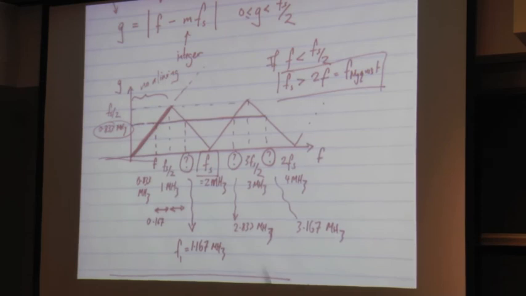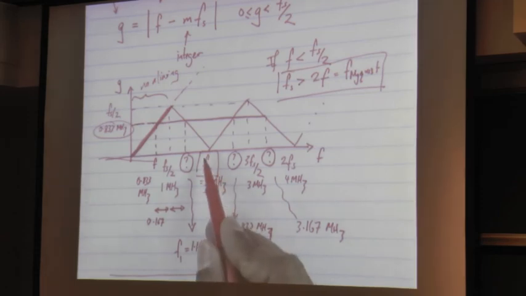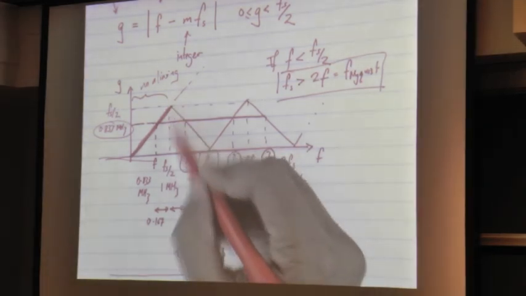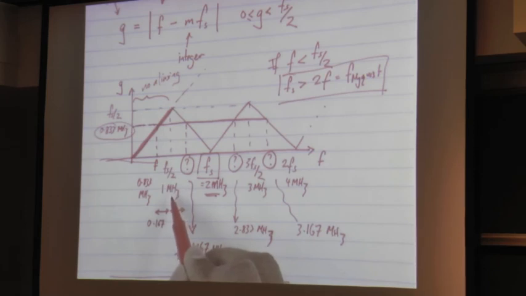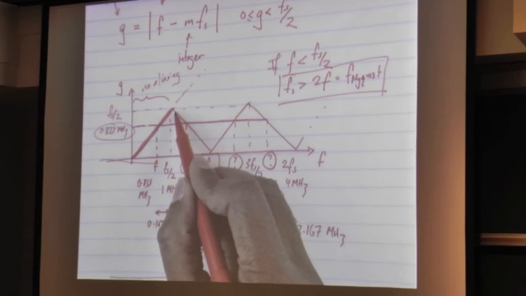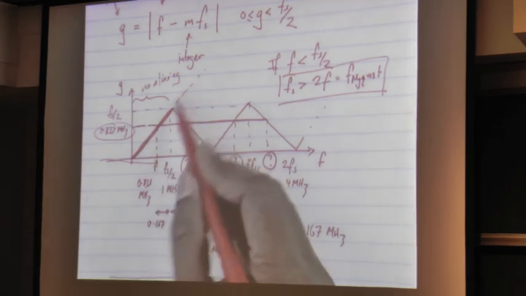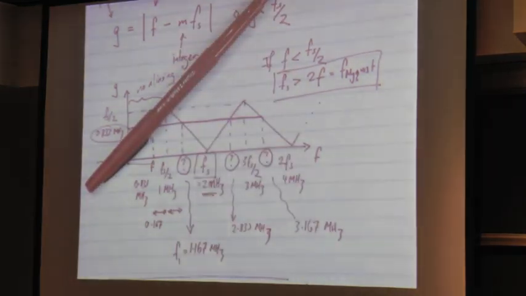You said it right. Our sampling frequency is 2 megahertz, right here, right? That means fs divided by 2 is 1 megahertz, as I've drawn right here. So when f goes above fs divided by 2, then it's no longer on this curve that goes up like that.